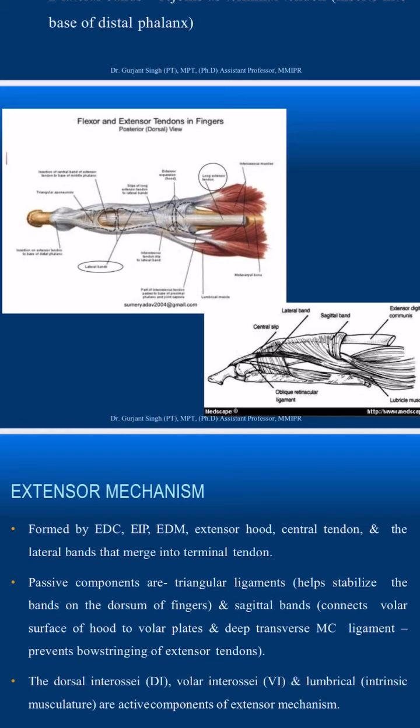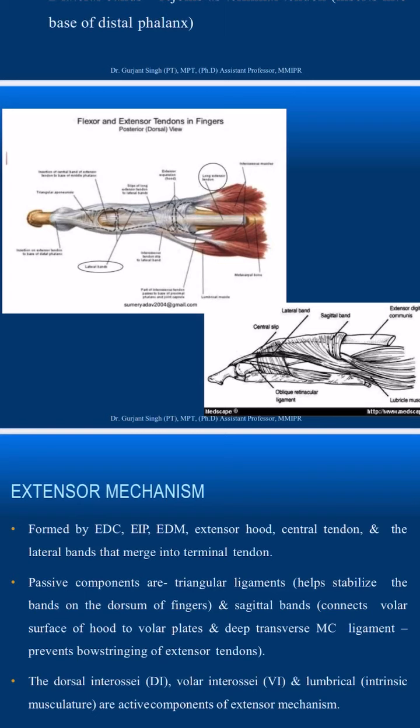But when the extensor digitorum communis, interossei and lumbrical muscles all contract simultaneously, the metacarpophalangeal joint will extend, because the torque produced by the extensor digitorum communis muscle at the metacarpophalangeal joint exceeds the metacarpophalangeal joint flexor torque of the intrinsic muscles.